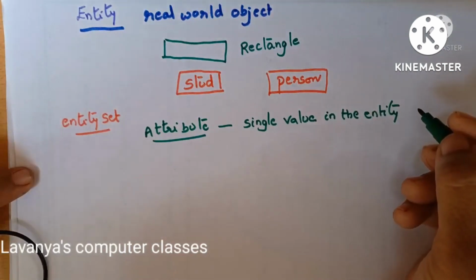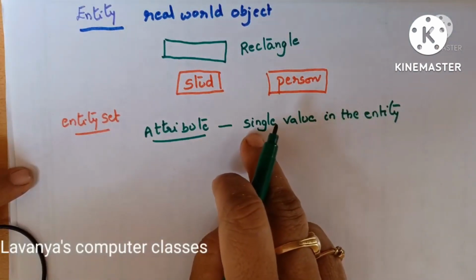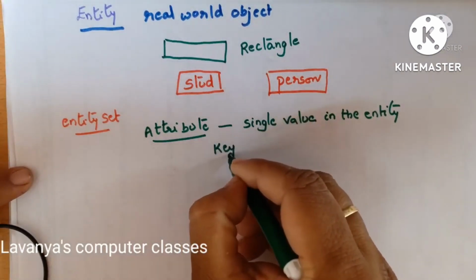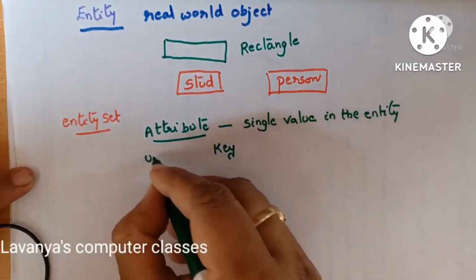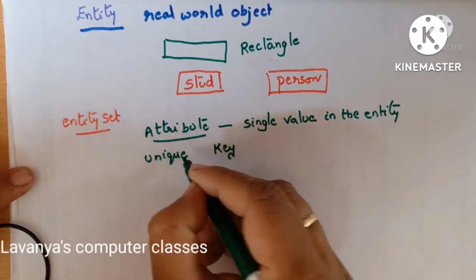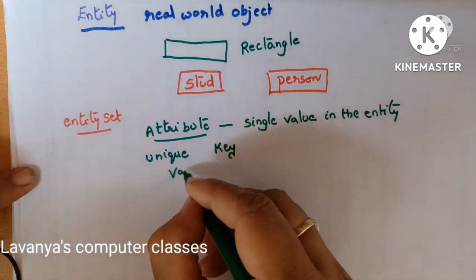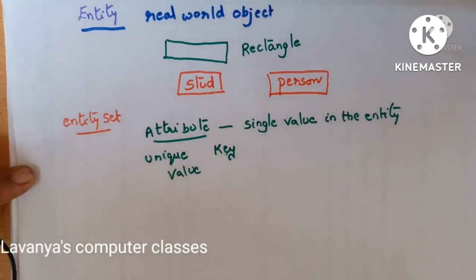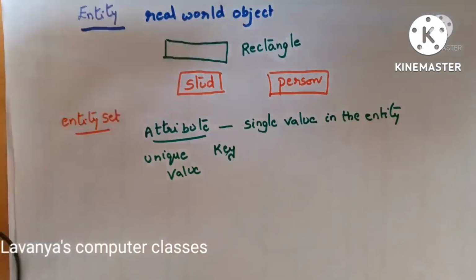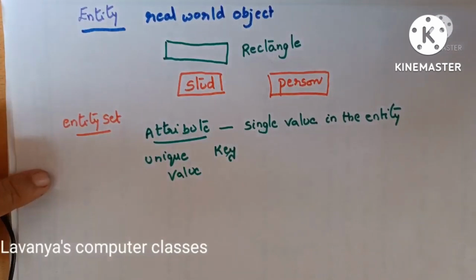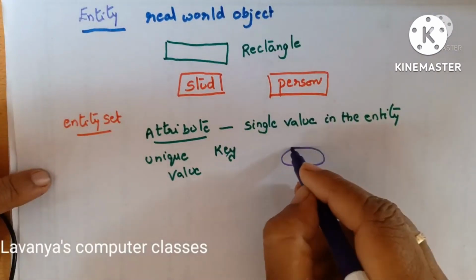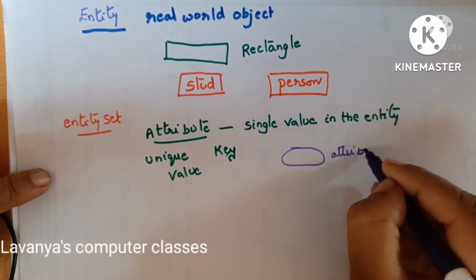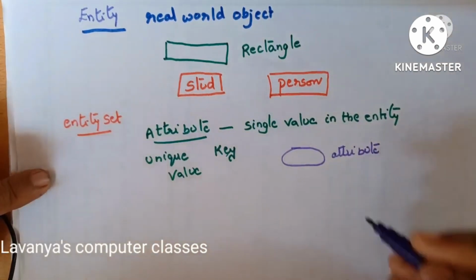Unique value, individual value is known as an attribute. The attribute which contains unique values is also known as a key. So in an ER diagram, which symbol is used for representing an attribute? That is the ellipse. So rectangle is for entity set, ellipse is for attribute.